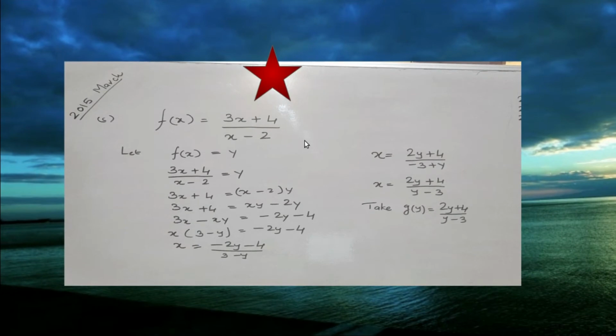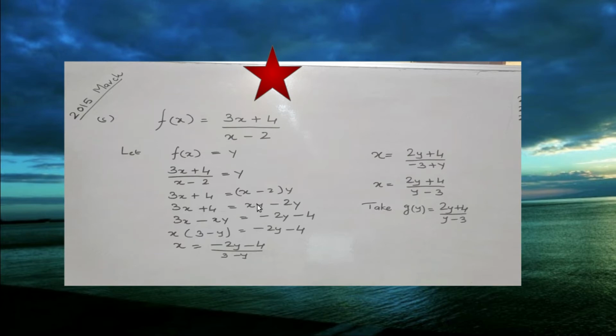To find g, take f of x equal to y. Take the given function as y. Now here f of x is 3x plus 4 divided by x minus 2, that is equal to y. Now cross multiplying, take these terms to RHS: x minus 2 into y. So 3x plus 4 equal to xy minus 2y.